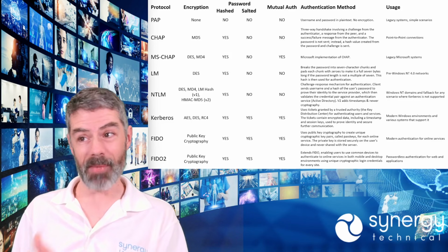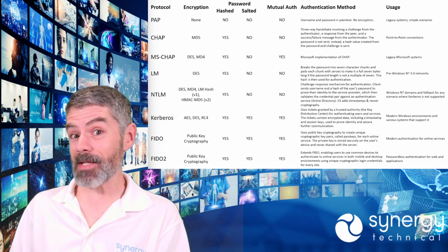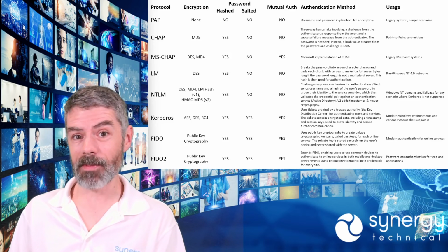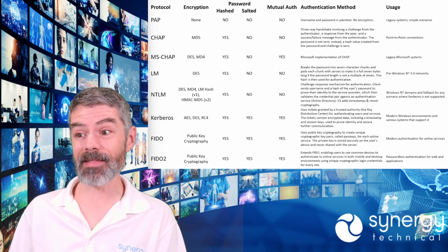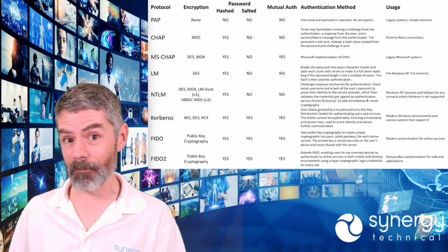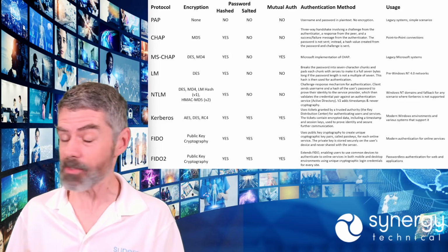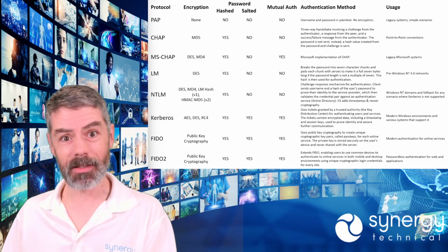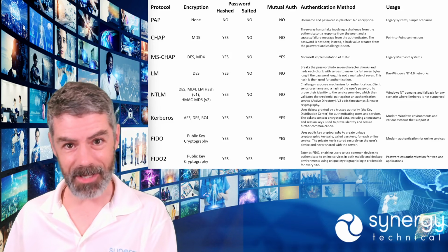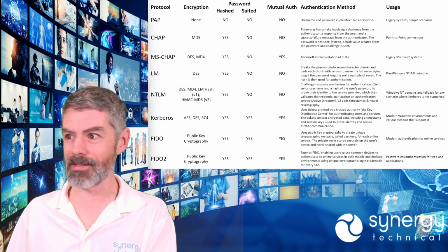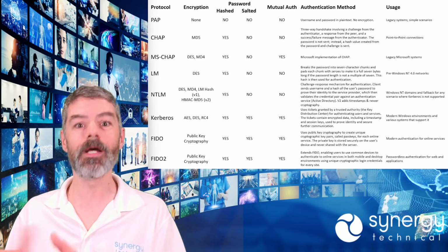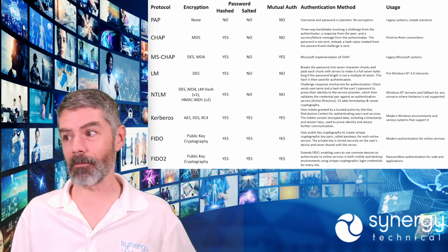And again, PAP and CHAP and MS-CHAP, which was Microsoft's first VPN authentication scenario, and all the way down to LM and NTLM, do not salt those passwords. You type in, the hash is verified against the hash in the NTDS database, or whatever it's called, and the user is simply allowed in, okay?